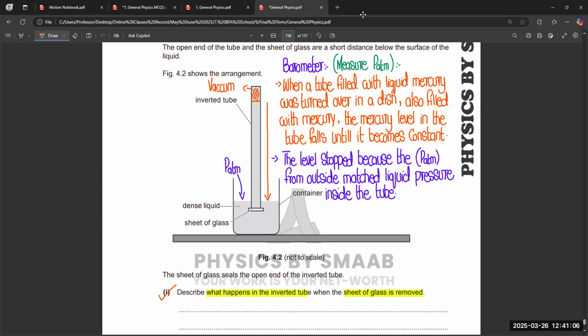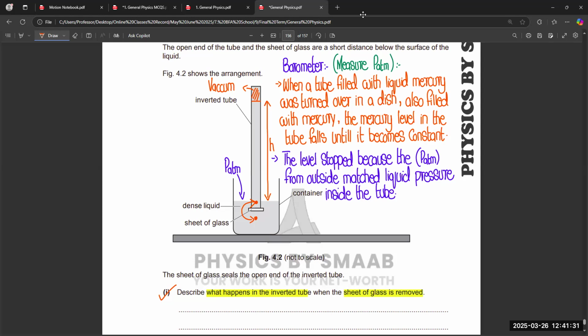Then, removing the glass sheet means to uncap the tube. That means it would unleash all the mercury in the glass. Yes, when we remove this sheet of glass, the mercury in the tube and the mercury in the container are now in contact with each other, right?